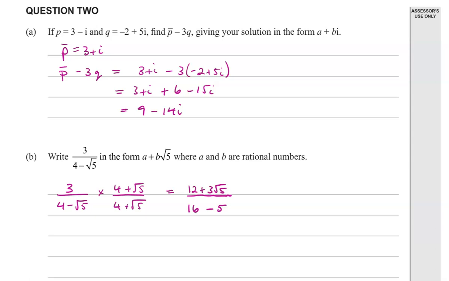So then from there we multiply across the tops and the bottom, and we're working through to simplify. We get it into this form, but pay attention because the question asks for it to be a plus b root 5, not be over a fraction, so we need to turn that into rational fractions separately like this. So it's 12 over 11 and 3 over 11 root 5.